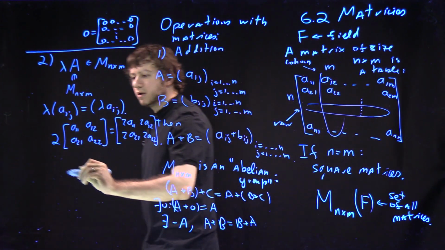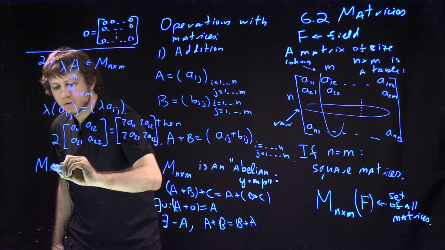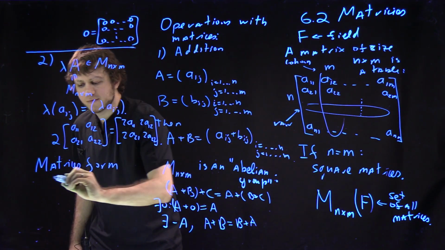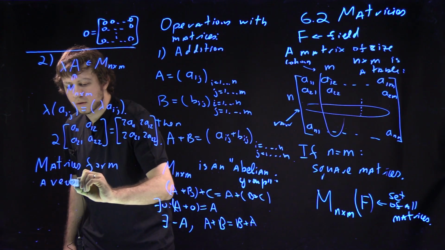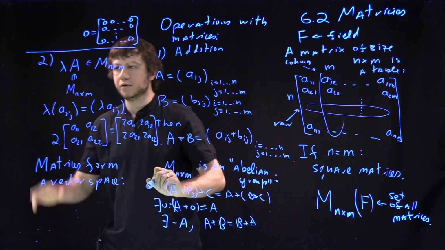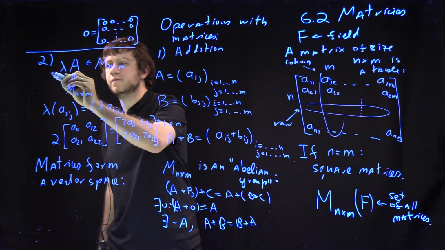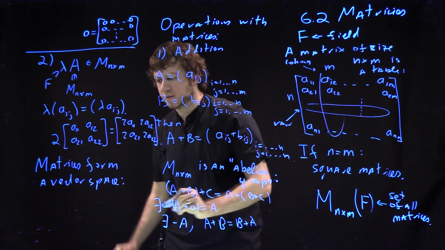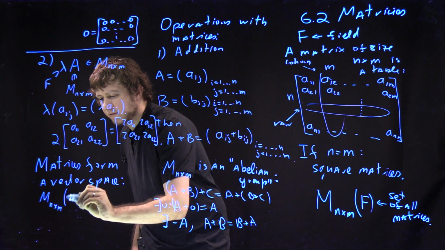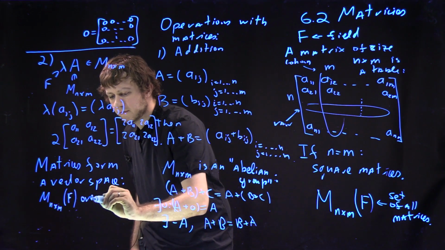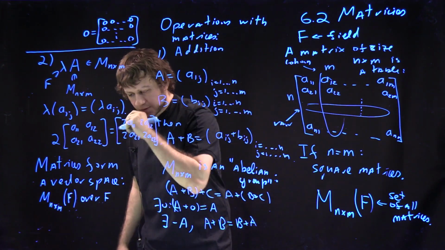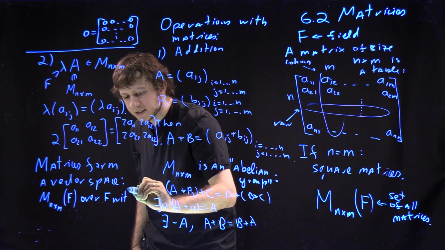And of course, matrices form a vector space. So now we have addition and multiplication by a scalar lambda in F. This vector space, M n times m of F over F, has a basis, and the question is, what is the basis?